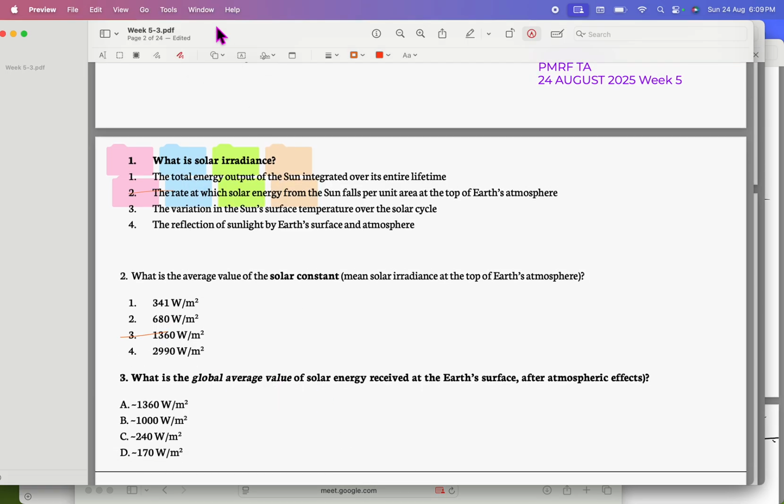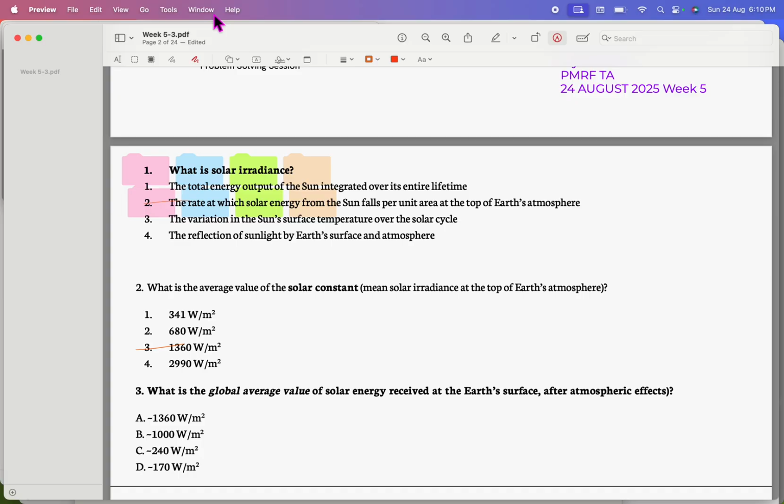And question 3: what is the global average value of solar energy received at Earth's surface, considering the atmospheric effects? Four options are given. You have to choose the most plausible option.